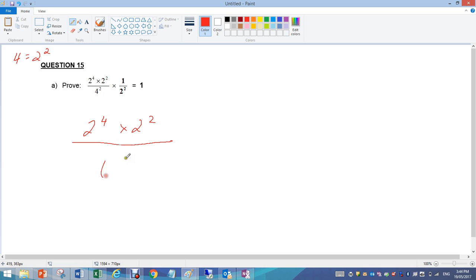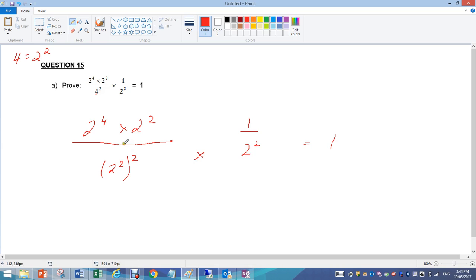So instead of 4 here, we could replace that with 2 squared. So now it's 4 squared, which is the same as 2 squared, squared, times 1 over 2 squared equals 1.